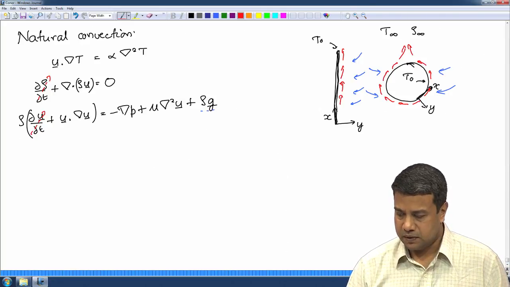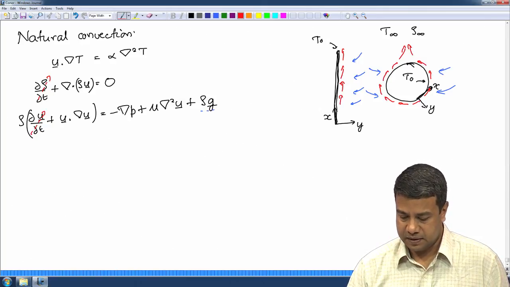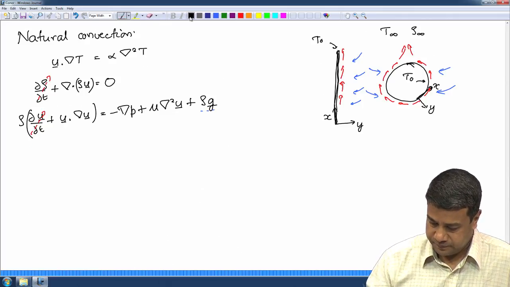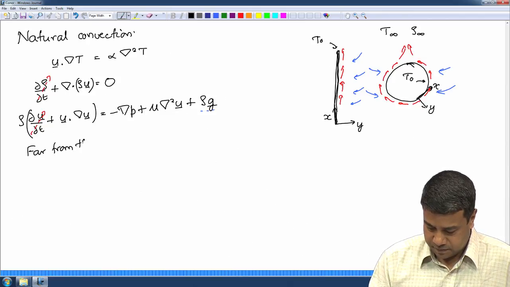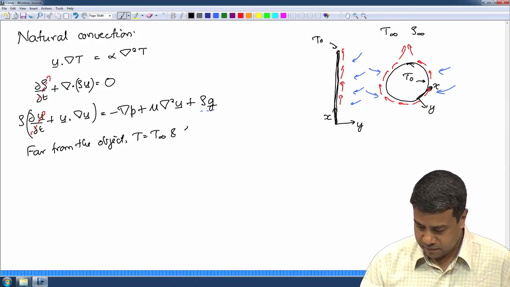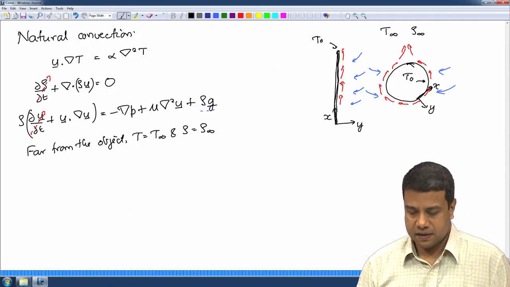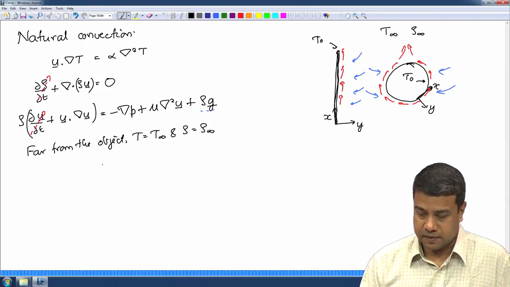Now, we know that far from the object, the temperature is T infinity and the density is rho infinity. So, far from the object, where there is no flow, the hydrostatic condition has to be that the velocity is 0 far from the object.